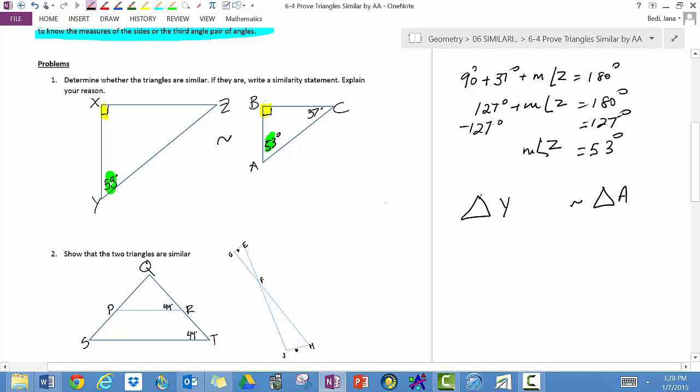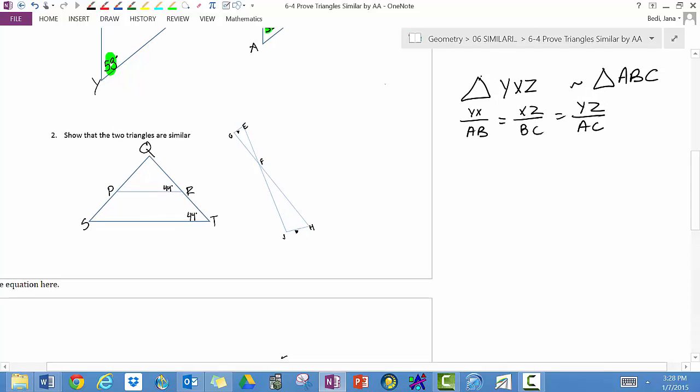Y is to A, X is congruent to B. So YXZ is ABC. YXZ, I got that right. So those two triangles are similar. And it will follow that you will get a statement of proportionality: YX over AB equals XZ over BC equals YZ over AC. We don't need this right now, but this is for future reference.